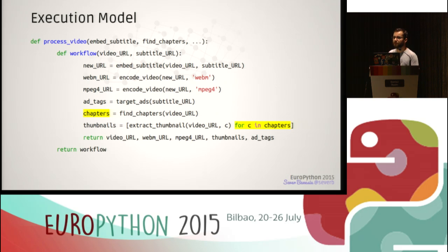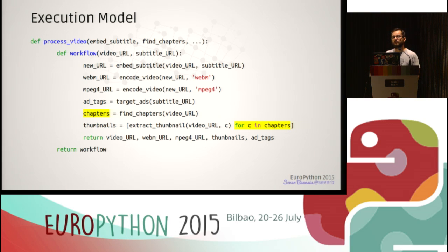Any code under the thumbnails line won't be executed until we have the chapters. This is because find chapters returns a list, and it's a single result. We cannot get partial results from the task, so we have to wait until the entire result is available.